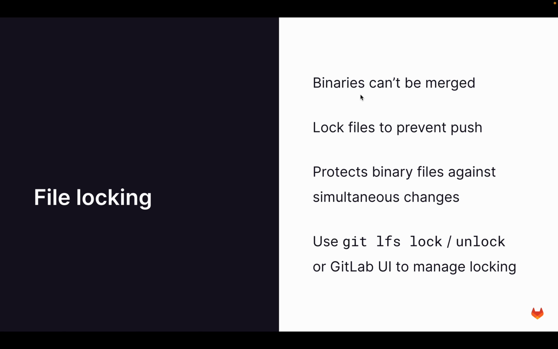If you lock them, then you prevent pushes to those files, and you protect files against simultaneous changes. So you can lock the file in GitLab or in Git locally, and then make your modifications. And once you're done, you unlock them again, and then others can modify them again.